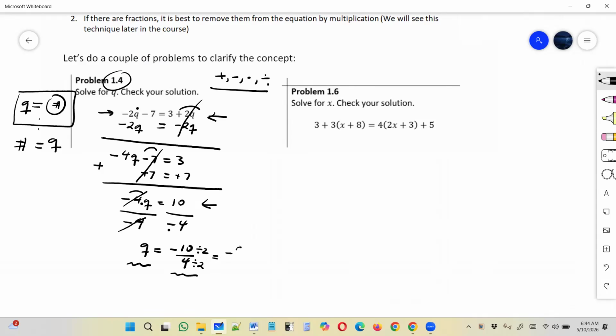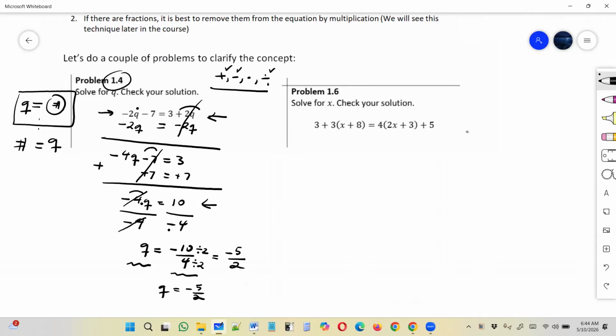So I end up with negative 5 over 2. So the final answer for this problem is negative 5 over 2. Okay? So this is how you solve these linear equations. So in this example, we use the addition property, we use the subtraction property, and we use the division property.